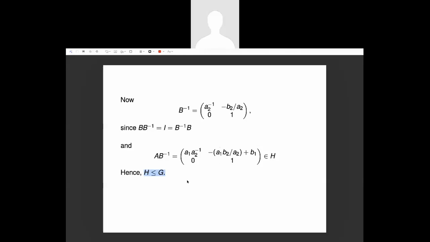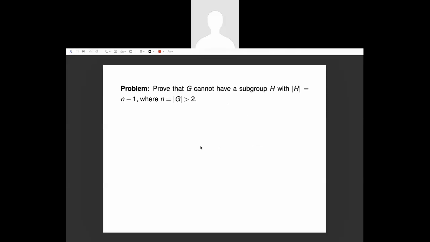Okay, now we have one more problem. G cannot have a subgroup H with order of H equal to n minus 1, where n, the order of G, is greater than or equal to 2.